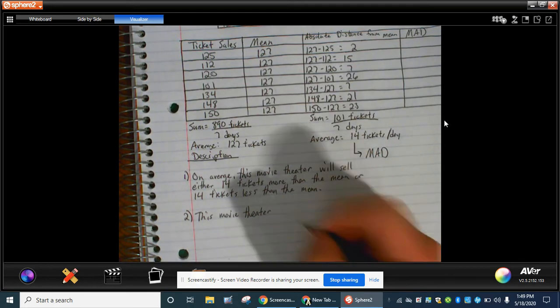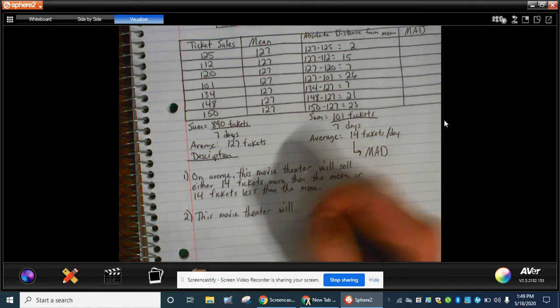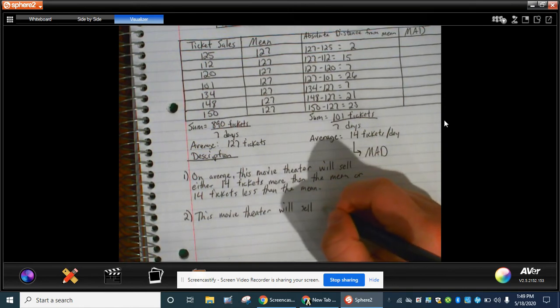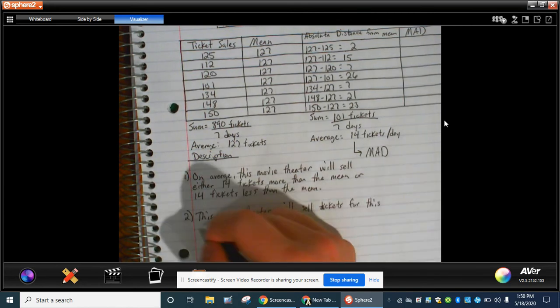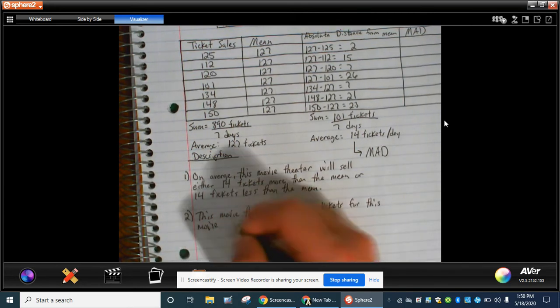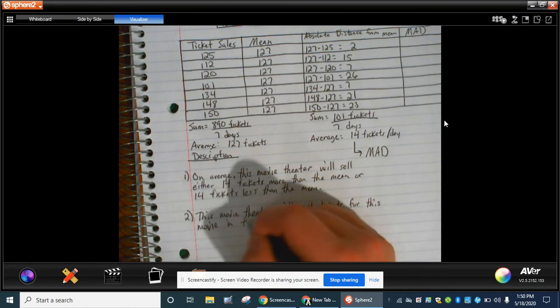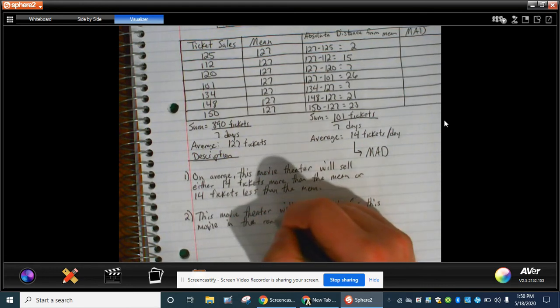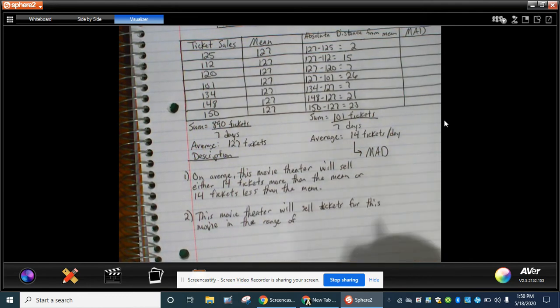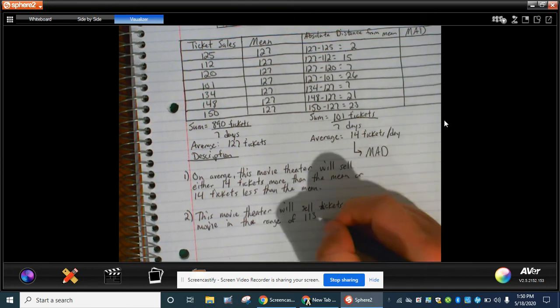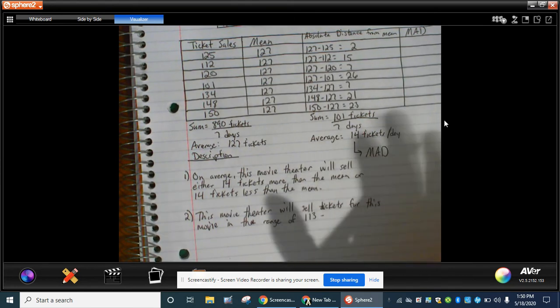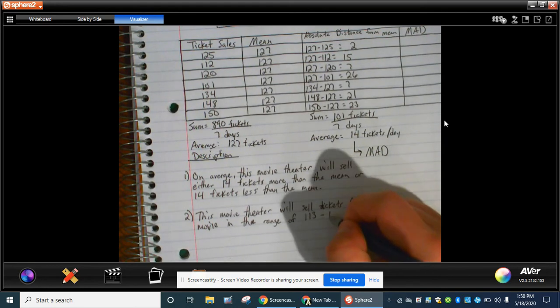So this movie theater will sell tickets for this movie in the range of 14 less, which is 113, to 14 more than 127, which is 141.